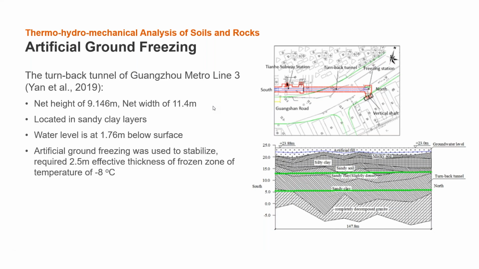It's located in the sandy clay layers at 12 meters below the ground surface, as you can see here. The groundwater level is at 1.76 meters below the surface. The requirement of the design is that the effective thickness of the frozen zone has to be 2.5 meters.